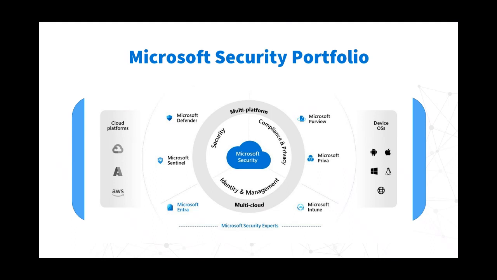Last but not least is Microsoft Purview, which is a data protection suite that helps organizations manage their data security and comply with regulations. The Microsoft Security portfolio is a multi-platform and multi-cloud tool, whether you are on-prem, private cloud, or public cloud. So let's take a look at where Microsoft's security solutions sit in today's market.